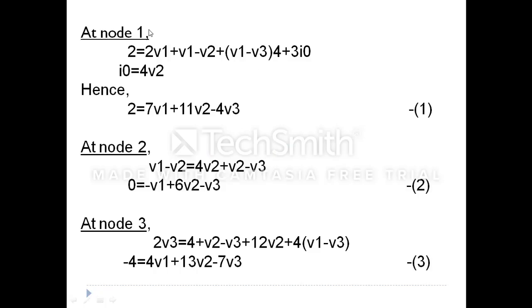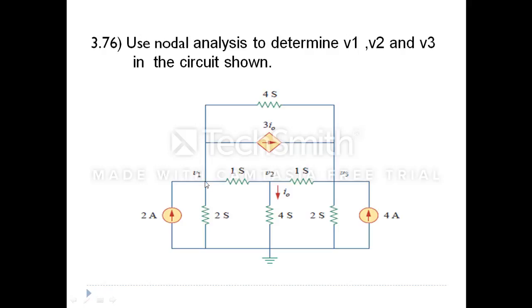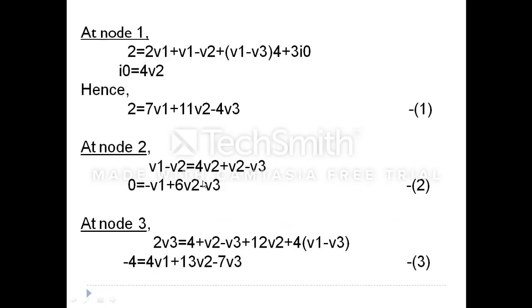At node 1, as you can see, this is node 1, this is node 2 and this is node 3. Writing the equation at node 1: 2 equal to 2V1 plus (V1 minus V2) plus (V1 minus V3) times 4 plus 3 I0.